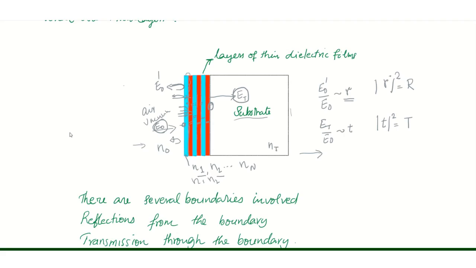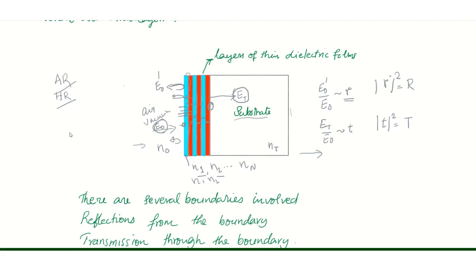In one case we will call it an anti-reflection coating because all the light is transmitted, and in the second case it's a mirror or high reflectance mirror. These are the two things we will have to work out from the theory that we are going to develop in this class.